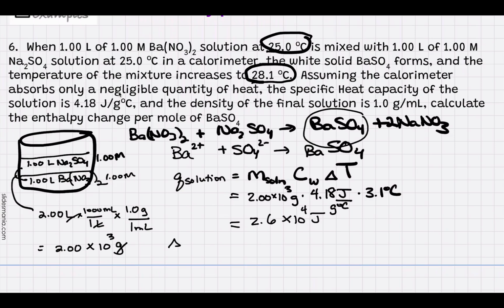So the heat of this reaction, the enthalpy of the reaction, is equal to that same value. So the solution gained 2.6 times 10 to the 4th, so the reaction must have released that. Let's put it in kilojoules too, to not have to use the power of 10 and all that.